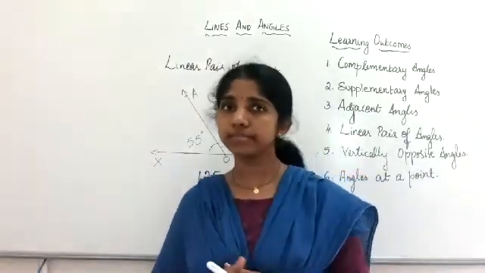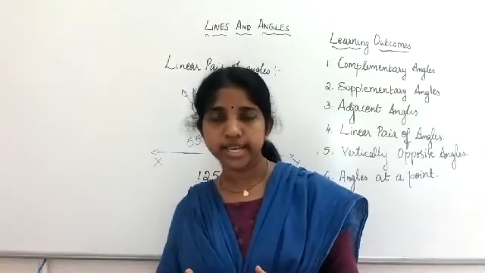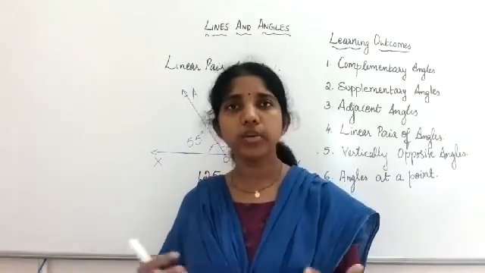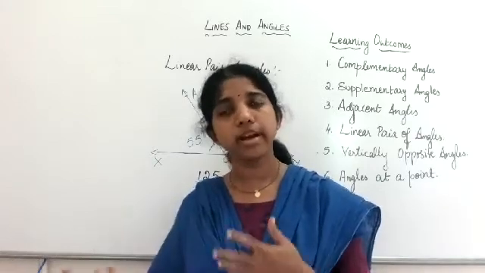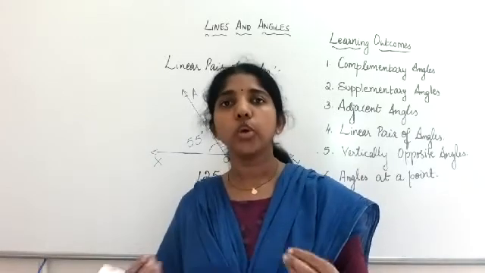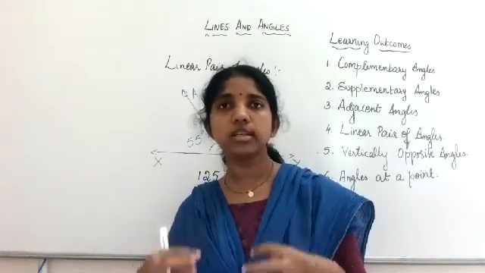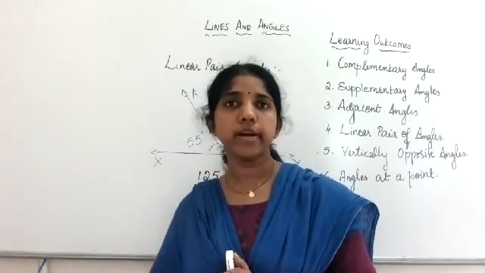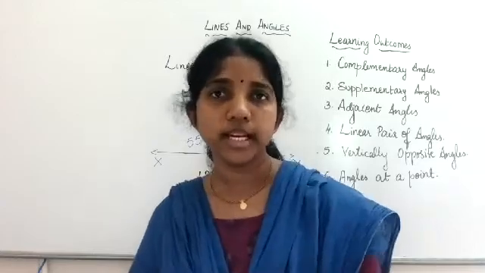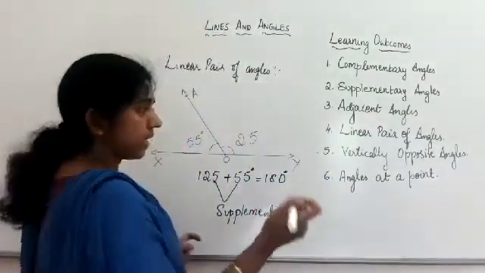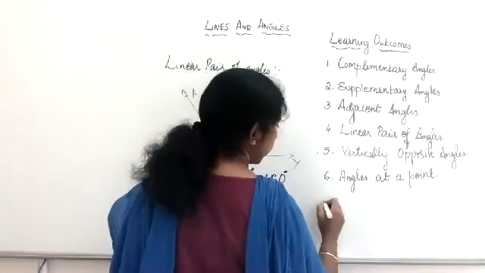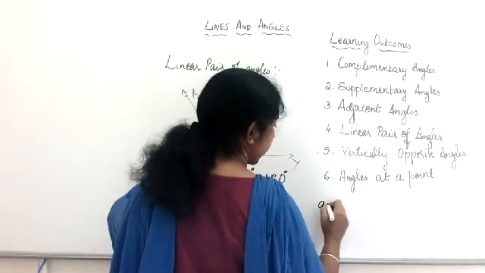Can we say that, because they add up to 180 degrees, right? Two angles add up to 180 degrees in supplementary angles. So can we say that all supplementary angles are linear pair of angles? Let us see. Let me take an angle of 90 degrees. 92 degrees I will take up.